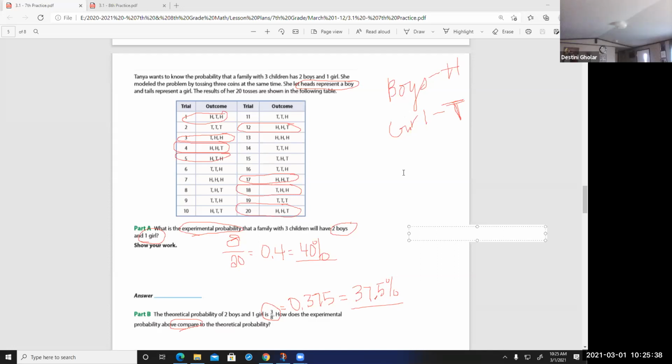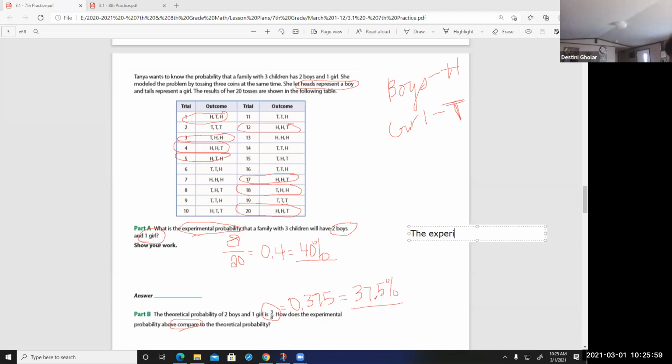Greater than, less than, or equal? So what would I say about 40 and 37.5? 40% is greater than 37.5%. 40% represents which one, experimental or theoretical?